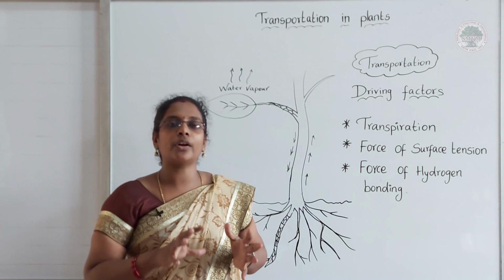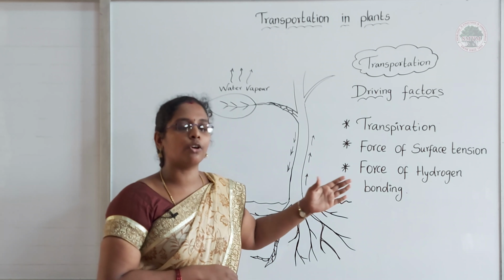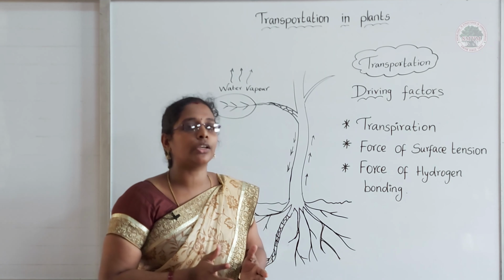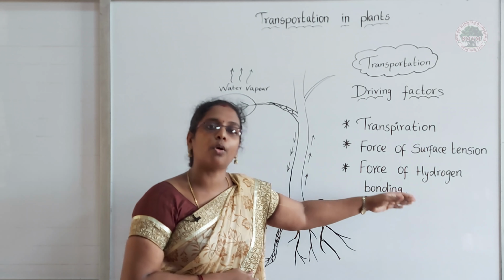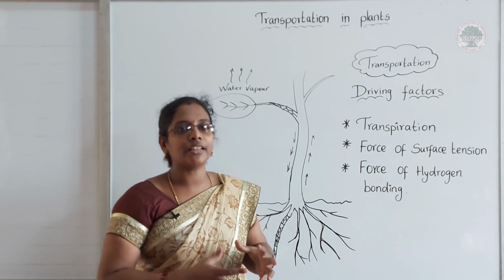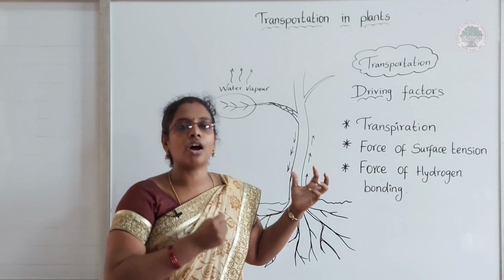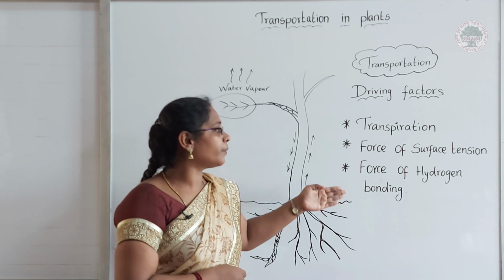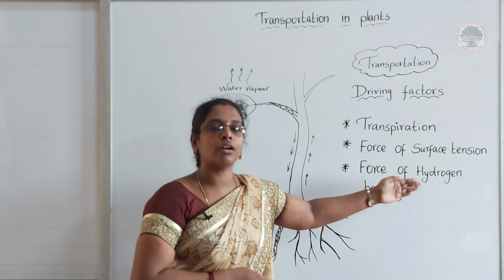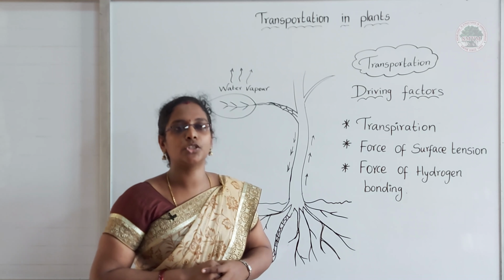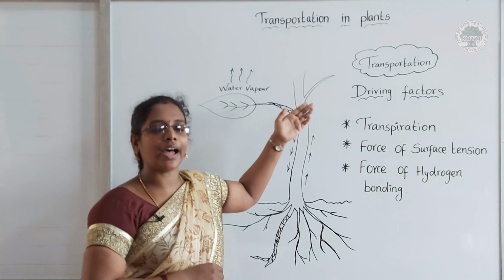We know the molecular formula of water is H2O. In between the hydrogen molecules, there is a very strong bond. So whenever one molecule moves, it takes the other molecules along with it. Because of this strong bonding, the water is pushed up towards the leaf and other parts of the plant body.